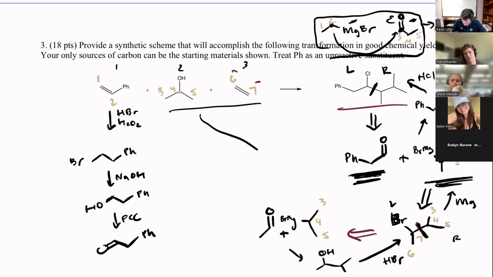Can I turn this to this? Yeah, HBr and then Mg. Can I turn this to this? Yeah, but that's where I'm confused. I need to put OH on it. So I'm just going to do NaOH, and then you just oxidize again?